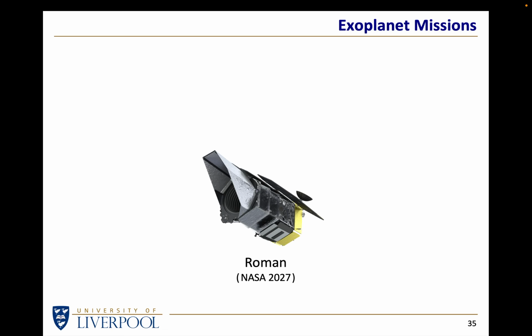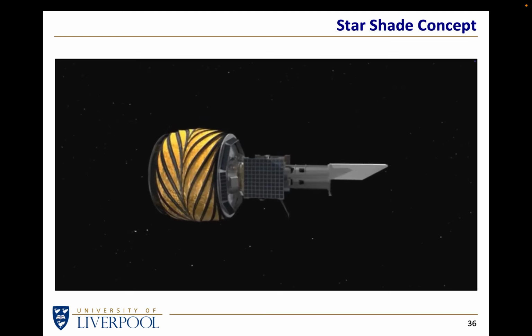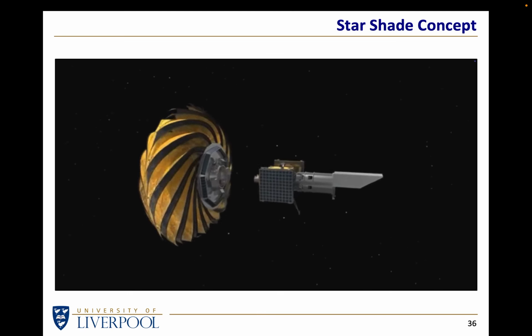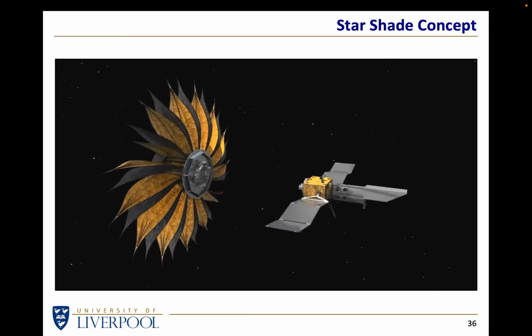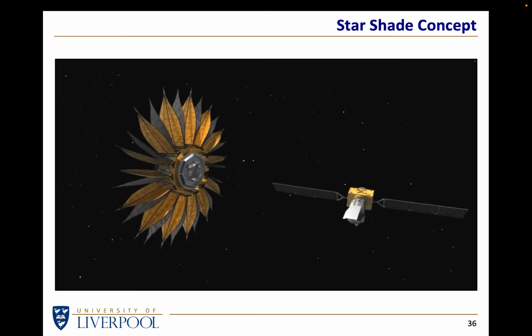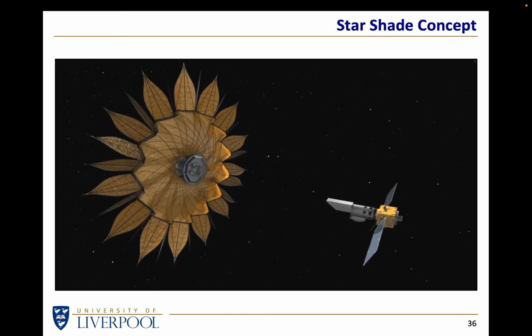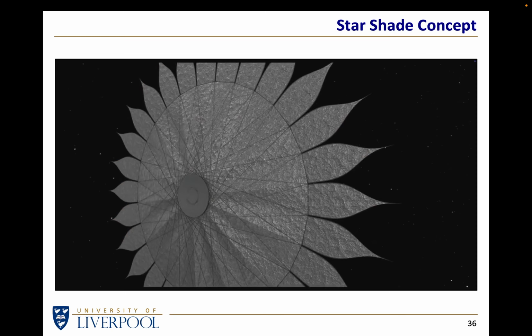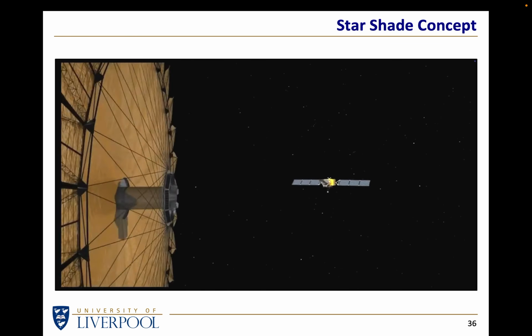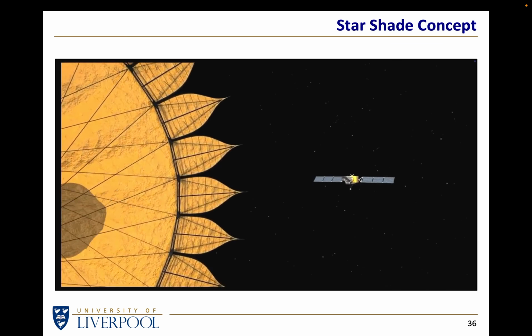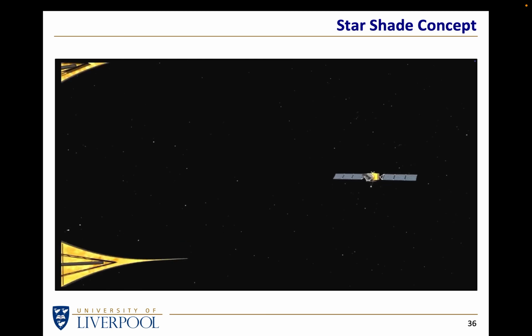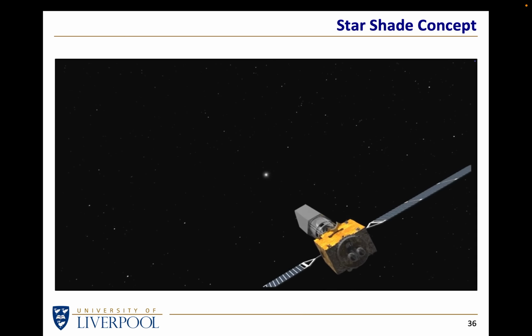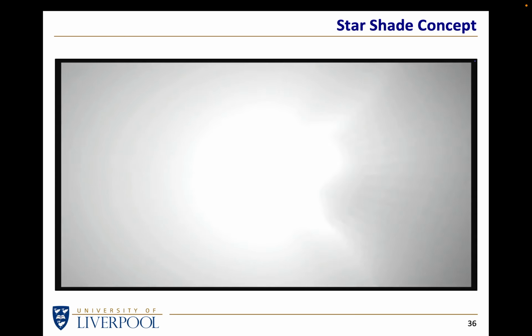So rather than have an occulting disk, a tiny one inside your telescope, there's the idea of, why don't we have an occulting disk outside the telescope? So there's a thought. You have a star shade, a huge occulting disk, 100 meters in diameter, which unfurls like a petaled flower, and then is sent off a long way from the telescope. 50,000 kilometers away, the star shade would be flown to another position and placed precisely in front of a distant star.